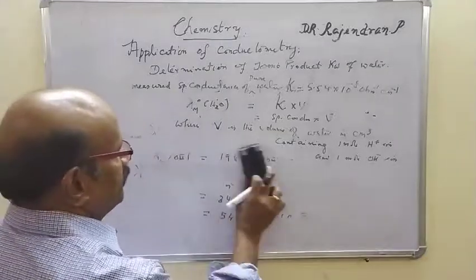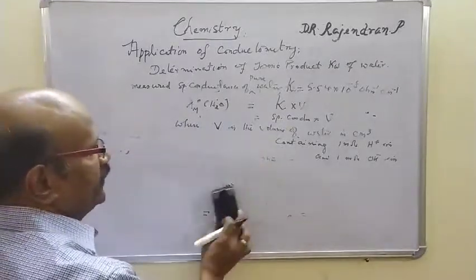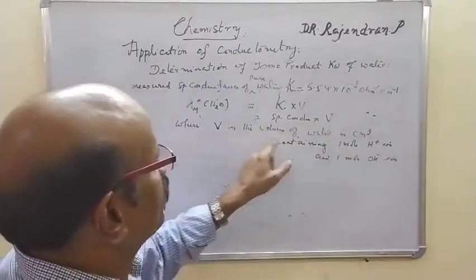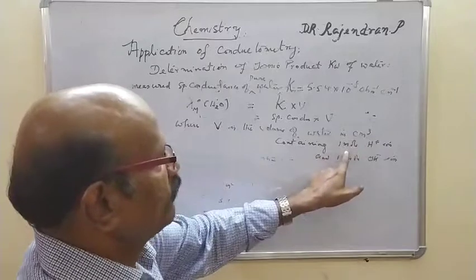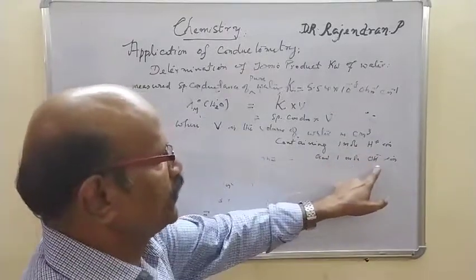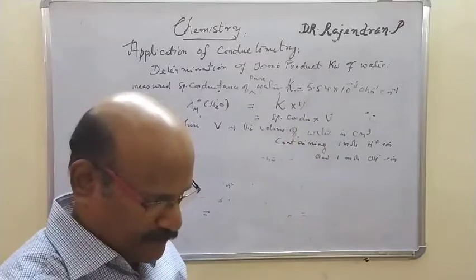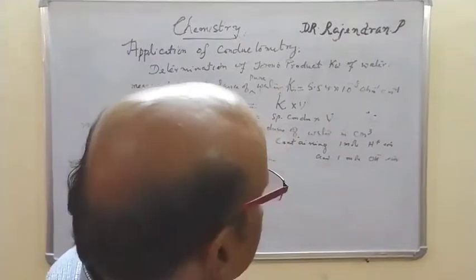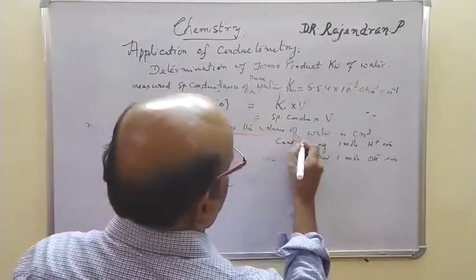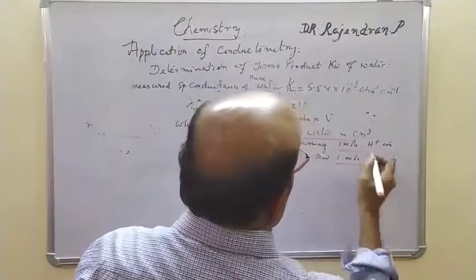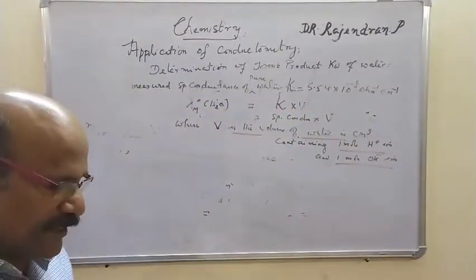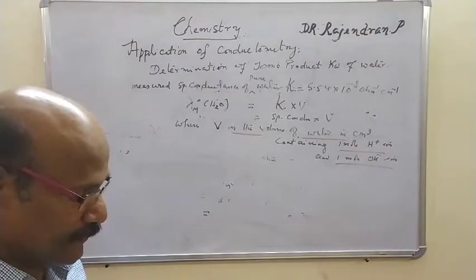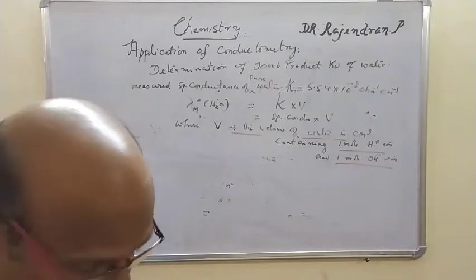So lambda 0 m H2O is, as you already know by definition, the product of specific conductivity and volume, where V is the volume of water in centimeter cube that contains 1 mole of H plus and 1 mole of OH minus, because it is the molar volume. This statement is very important. Therefore, we have to find that volume.